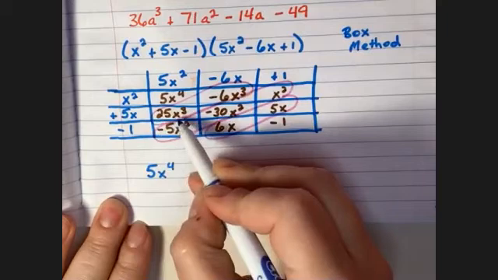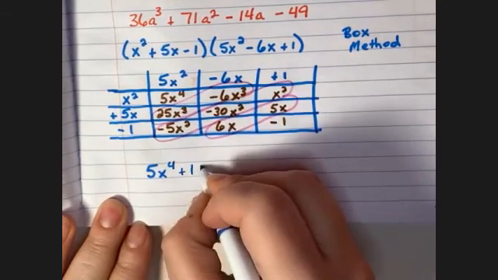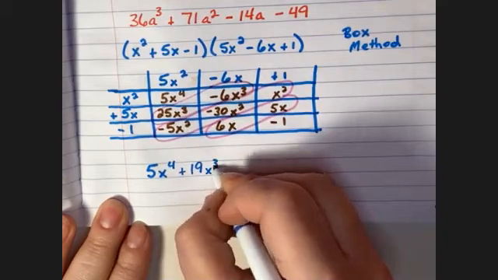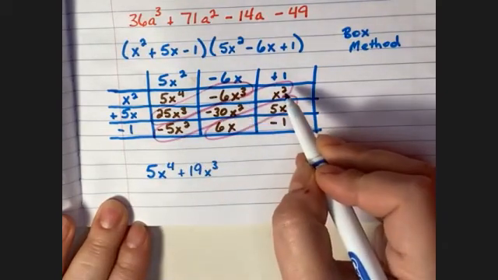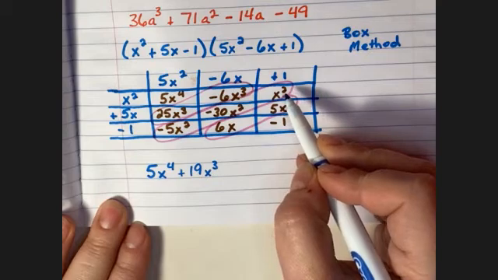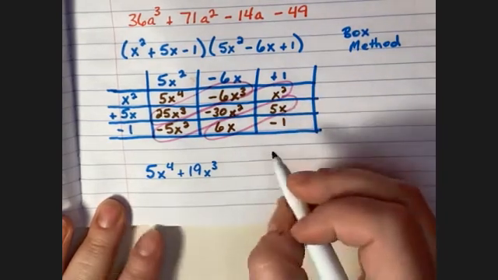Now I have 25x cubed minus 6x cubed, so it's just 19x cubed. Negative 5x squared minus 30x squared plus 1x squared. Don't forget, and if you need to put the 1 in front so you don't forget that, then please do it.